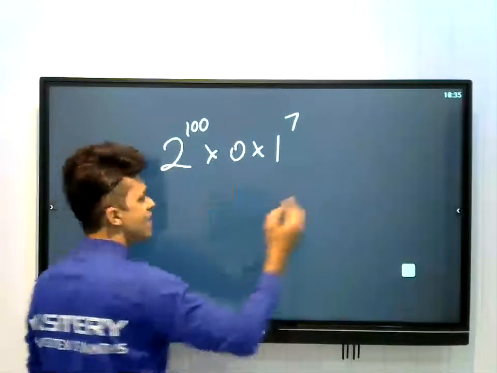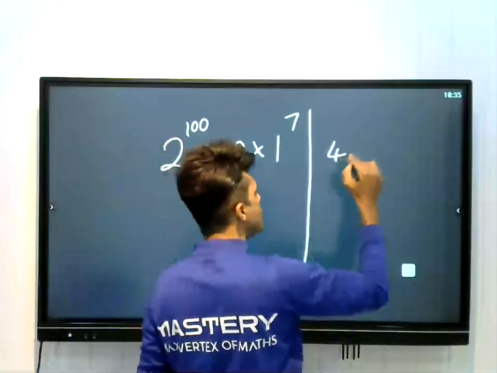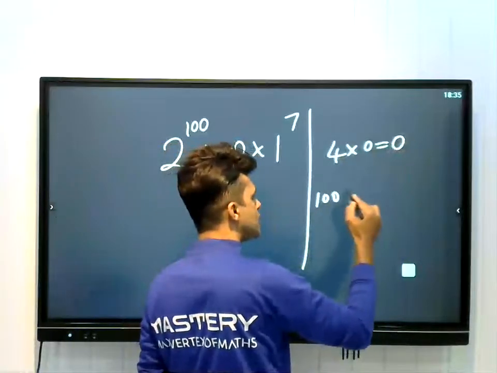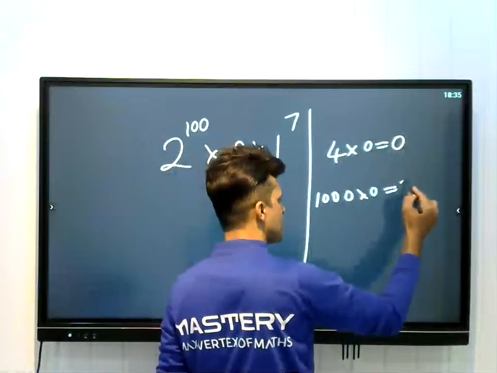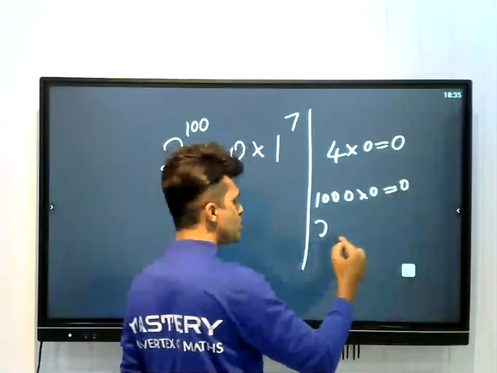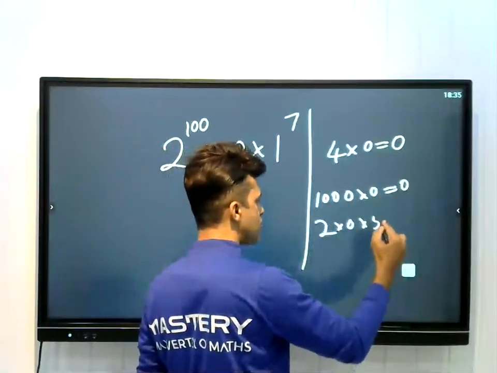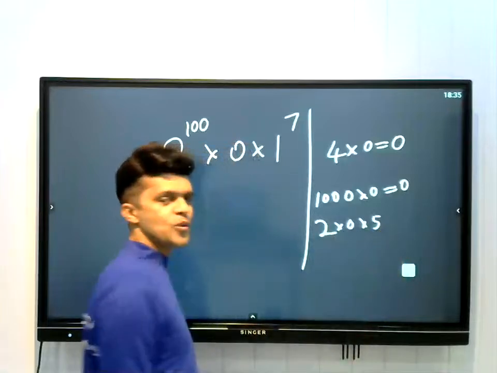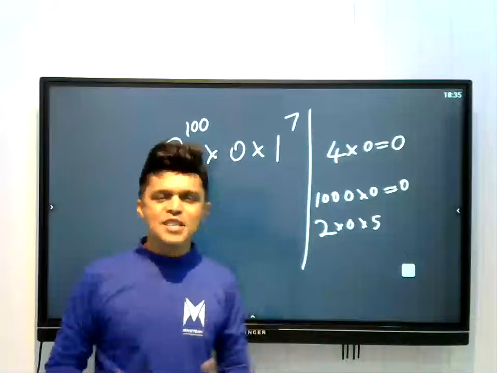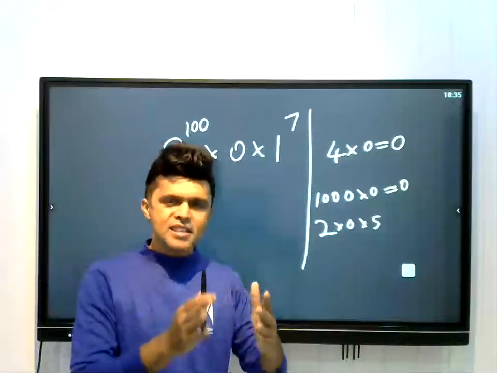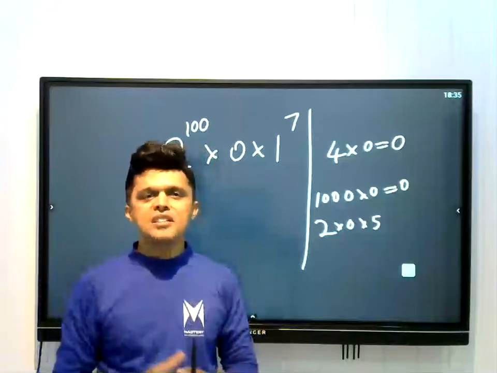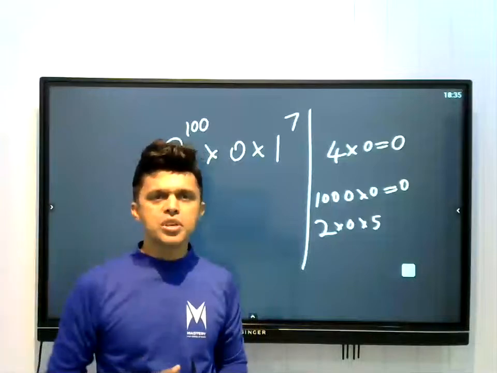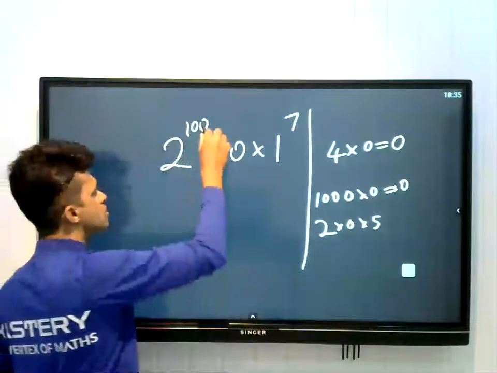Anyway, what is 4 times 0? 0. 1000 times 0 is 0. Then 2 into 0 into 5, what should be the answer? 2 times 0 is 0, 0 times 5 is 0. Every time when you multiply a certain digit by 0, the whole thing equals 0. So there is no need of getting the value of 2 to the power 100.